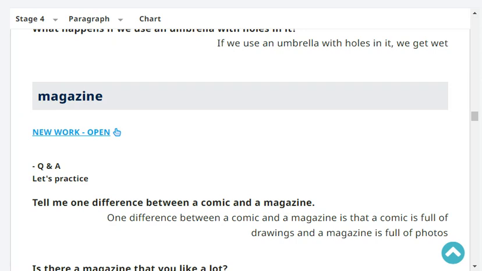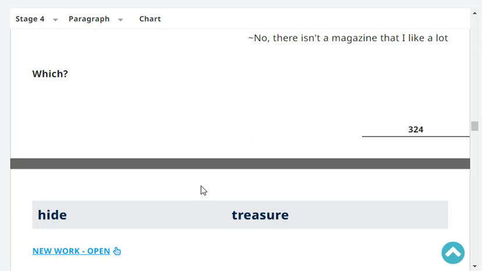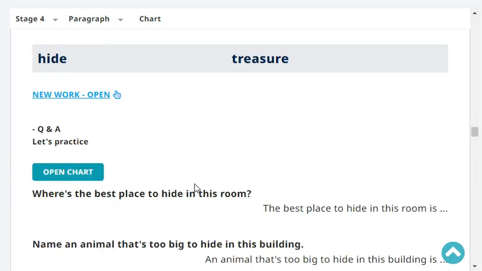Very good. Okay, next. Is there a magazine that you like a lot? Yes, there's a magazine that I like a lot. But what magazine? Jojo. Very good.